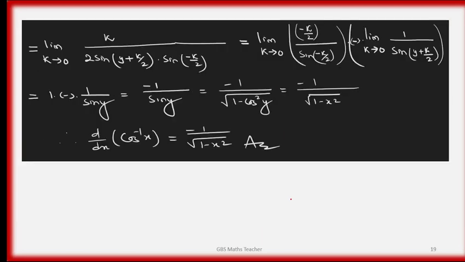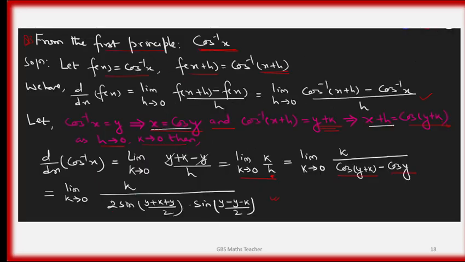Then limit k tends to 0, k by 2 sin((y+k+y)/2) sin(-k/2). Let's check: y plus y, 2y by 2 is y, plus k by 2. So k over 2 sin(y+k/2) times sin(-k/2).